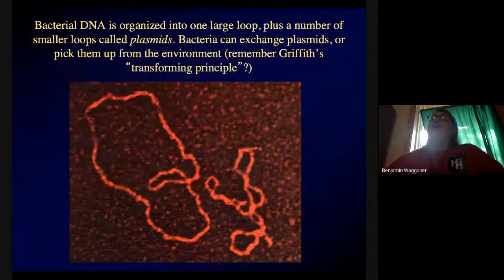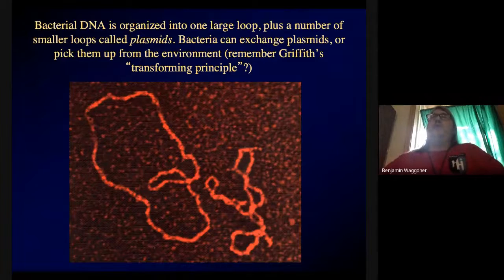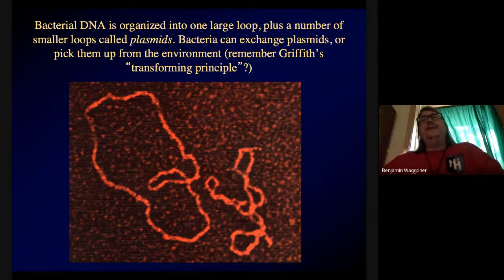And prokaryotes don't have chromosomes the way that eukaryotes do, so they don't divide by mitosis and meiosis. A chromosome in a eukaryote is basically one long strip of DNA. It's got one end and it's got another end.